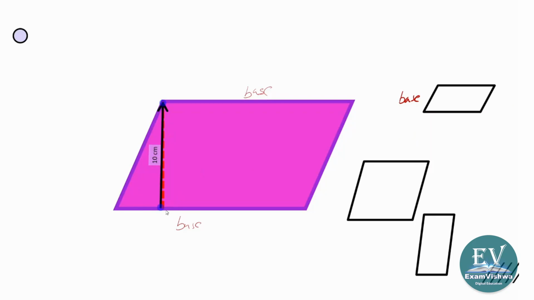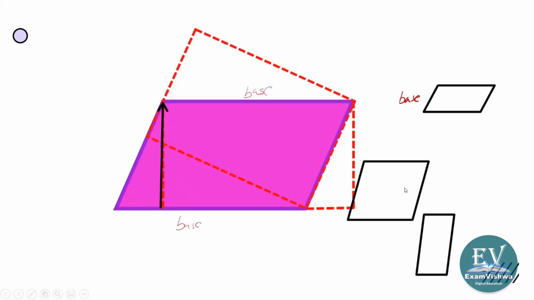If I am considering this as base, one second, here it is. And if I consider this side, you can draw base over here. And if I consider this side as base, I have to find out the height. In order to find out the height, I should extend and find out the height.